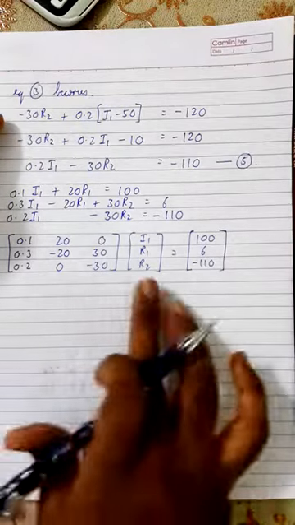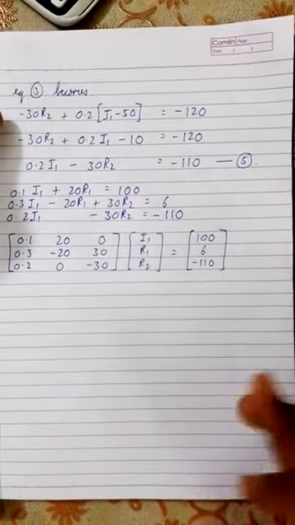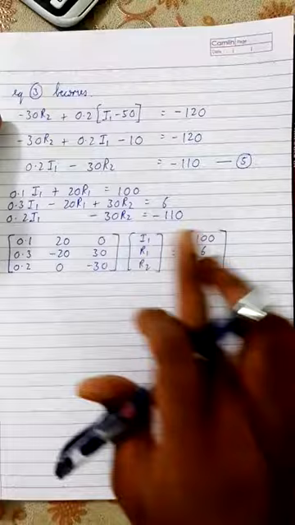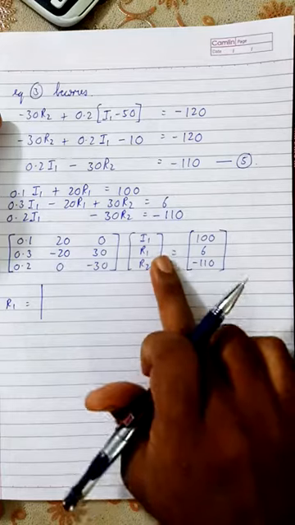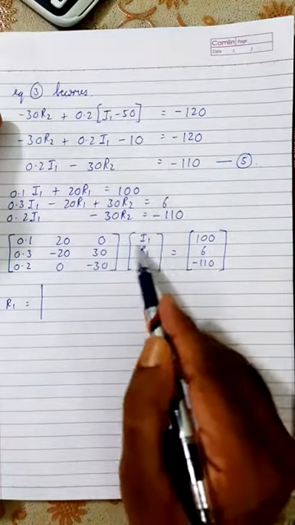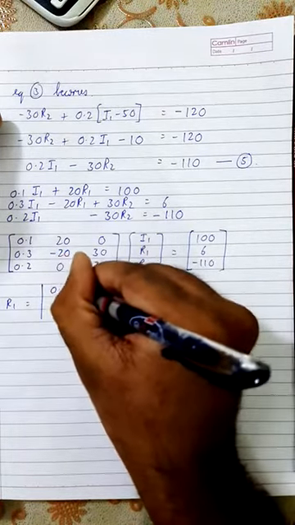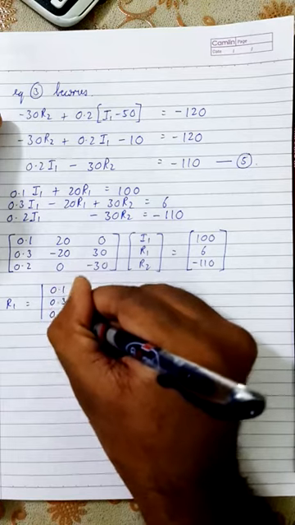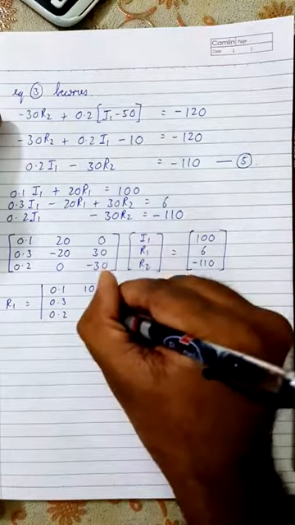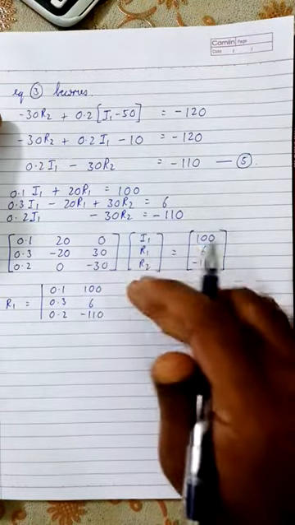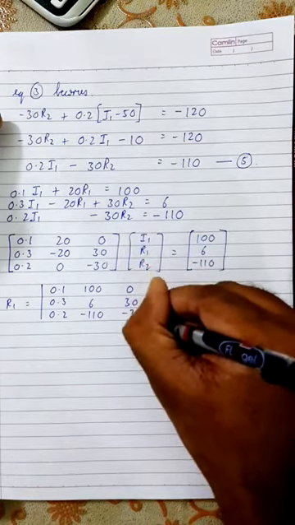Okay, this is exactly the same as the mesh analysis of your previous problems. But here all you need to do is find R1 and R2. So what is the equation for R1? R1 is equal to the determinant of, here R1 is the second column, which has to be replaced with this: the first column is 0.1, 0.3, 0.2, the second column is 100, 6 and minus 110, and the third column is the same, 0, 30, minus 30.